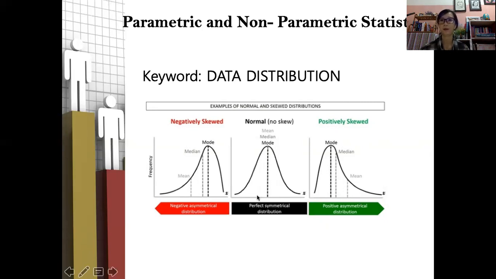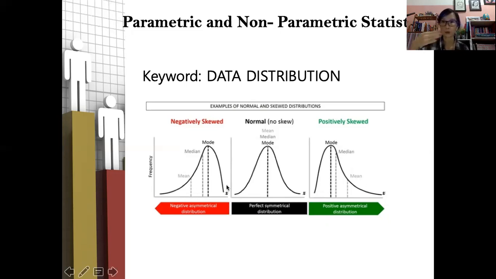But first of all, what you have to remember is that when we talk about data distribution, we talk about three types of distribution. In the middle, you have something with a bell shape like this. We call it normal distribution. When you have normal distribution, you can use parametric statistics. The other two types are what we call skewed distribution. If you look at the shape, it's not bell-shaped, it's not symmetrical.